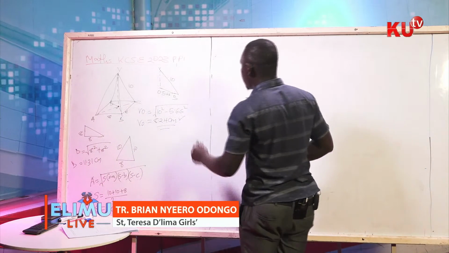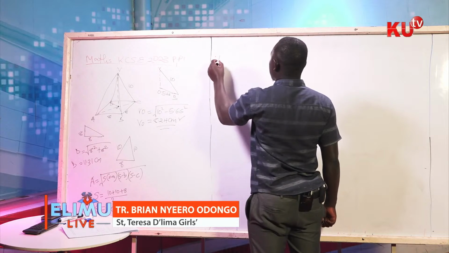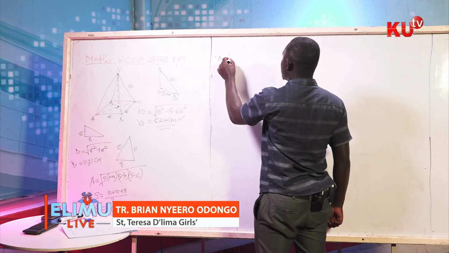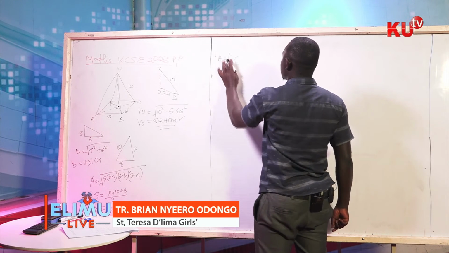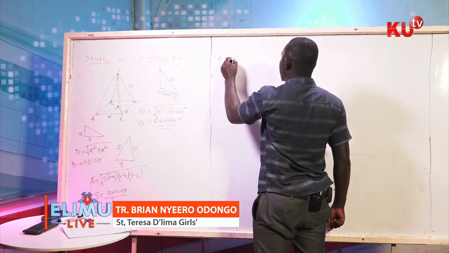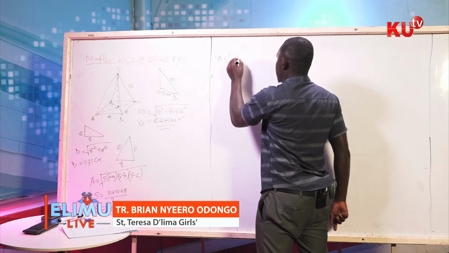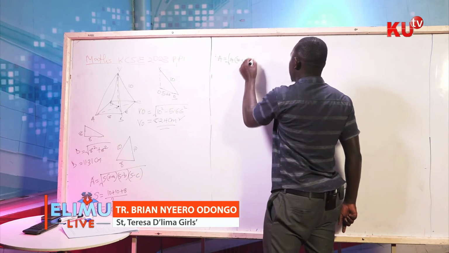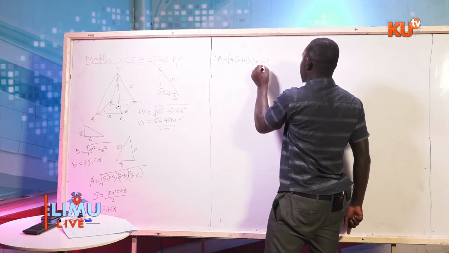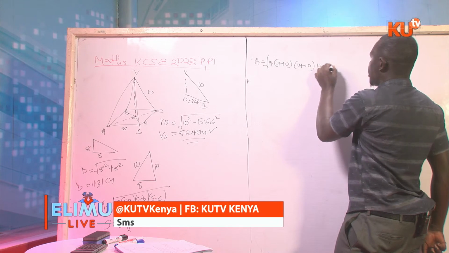After I've gotten my S, I'll now apply that formula. Area is equal to the square root of S, now my S here is 14, 14 into S minus A, that is 14 minus 10, into 14 minus 10, into 14 minus 8.